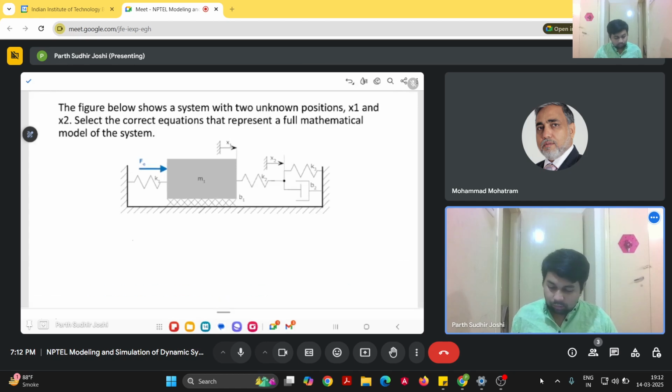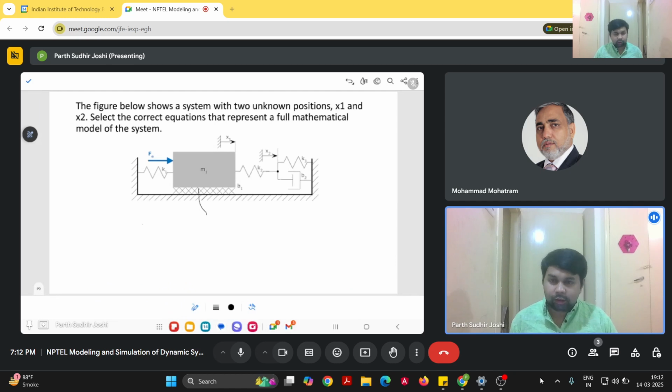Yes, so basically there is a friction between the mass and the floor.